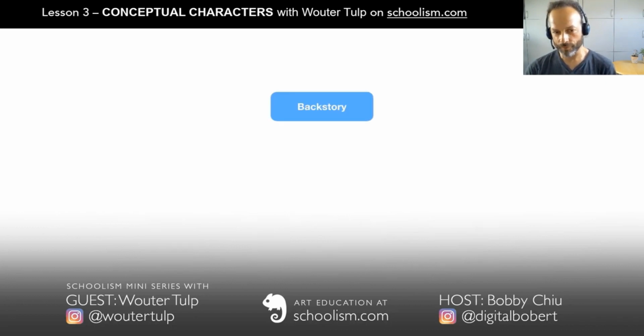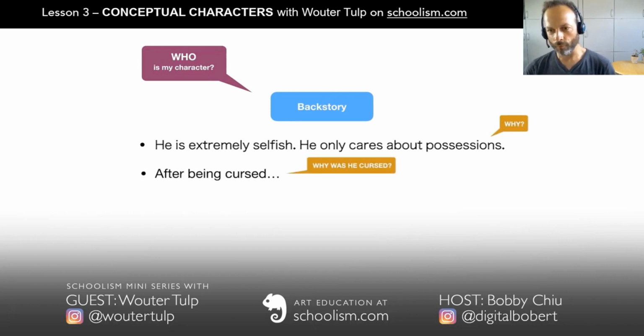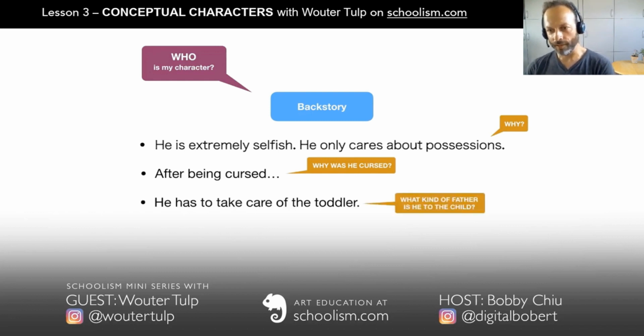It is a list with a lot of things you can think of for your character. The obvious things: what's his age, what's his gender, what's the race, but also what makes him laugh, what's he afraid of, what's a signature, a really important thing that happened in his life.